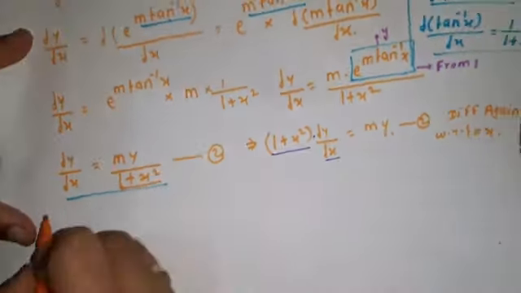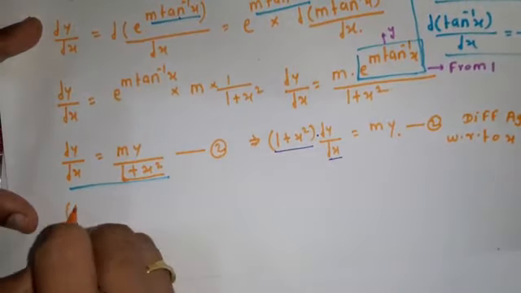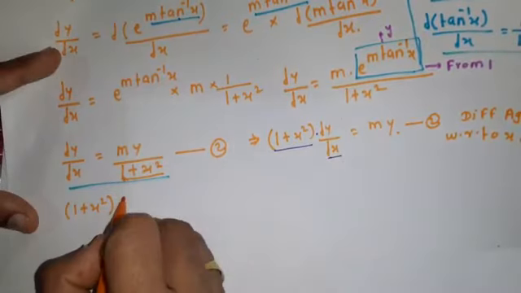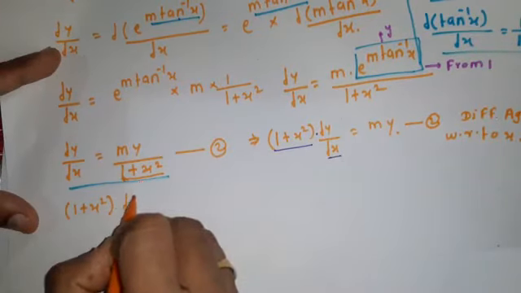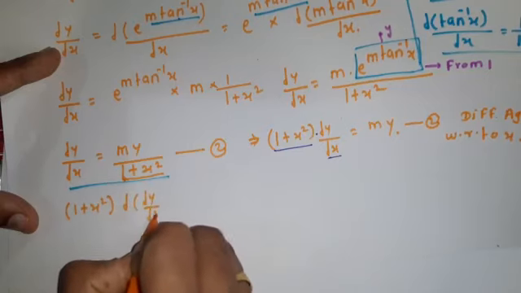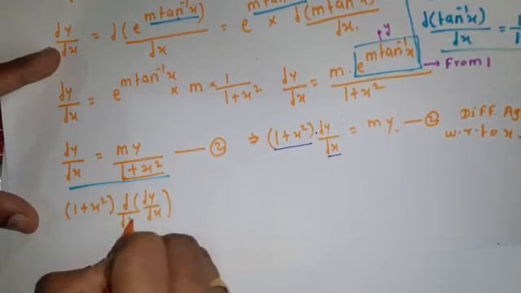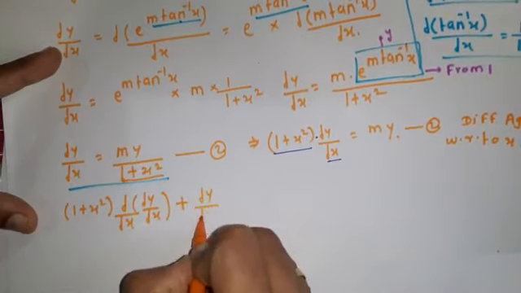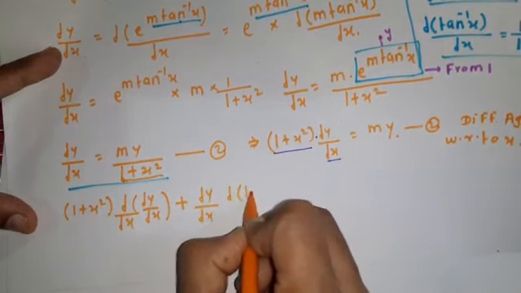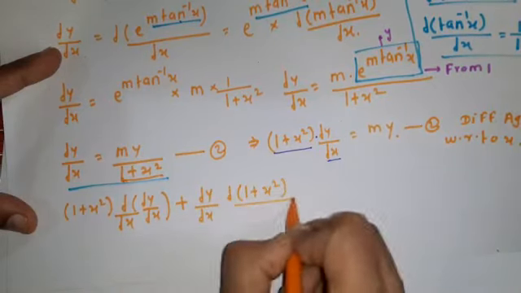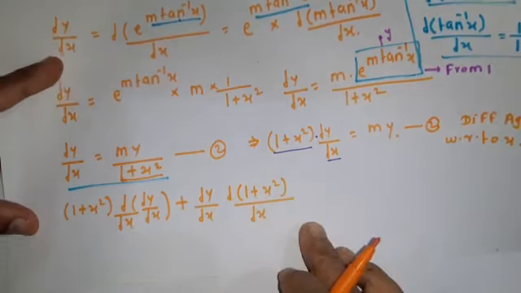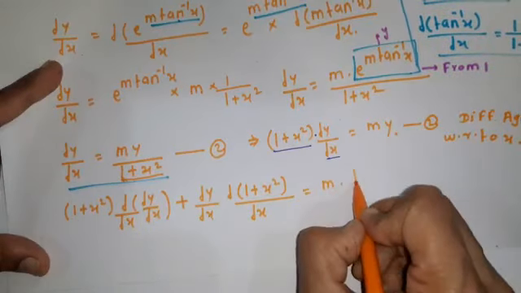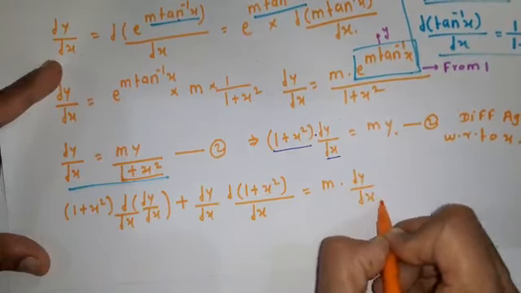So 1 plus x square is constant, times the differentiation of dy by dx with respect to x, plus dy by dx is constant, times the differentiation of 1 plus x square with respect to x, equals m is constant, times the differentiation of y with respect to x.